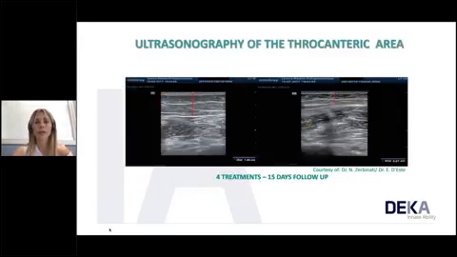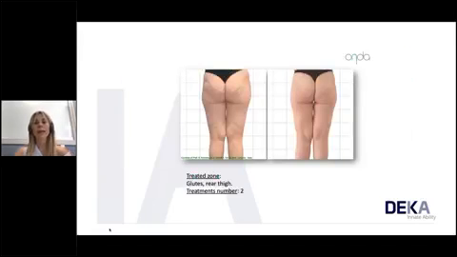You see the reduction in panniculum after 4 treatments. And here you can see, after 2 treatments, the improvement in skin quality and the reduction in the loss of circumference. You can appreciate this if you look at the grade board behind the patient.